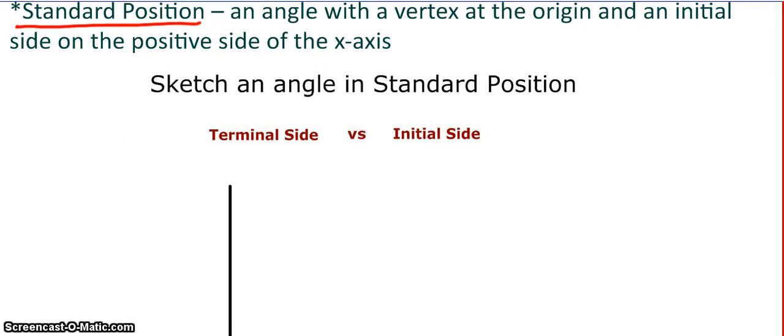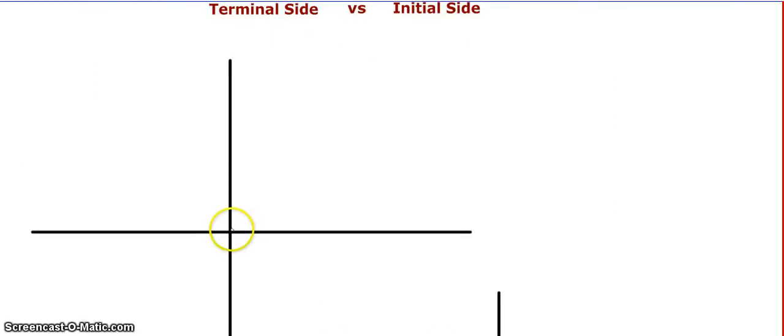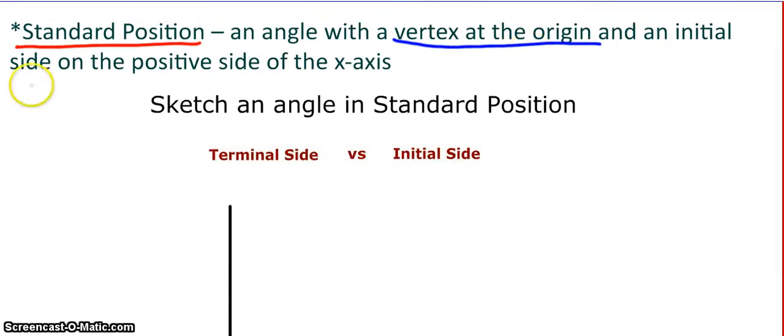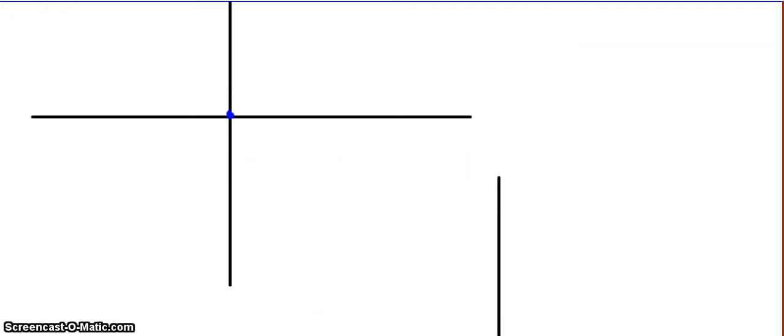And an angle in standard position has a vertex at the origin, and it has an initial side on the positive side of the x-axis. So that is going to be here. So that's our initial side. This will be our terminal side. And this is my angle in standard position.